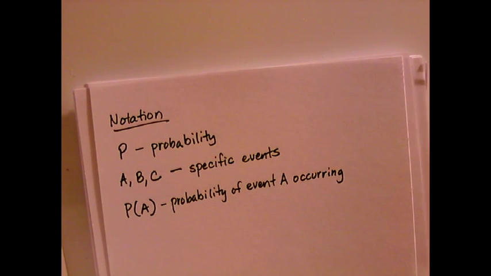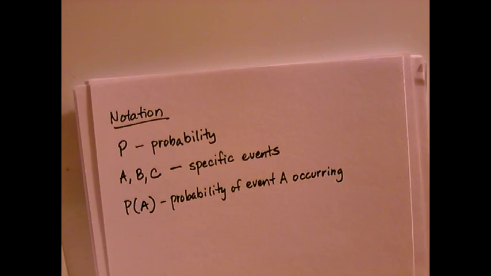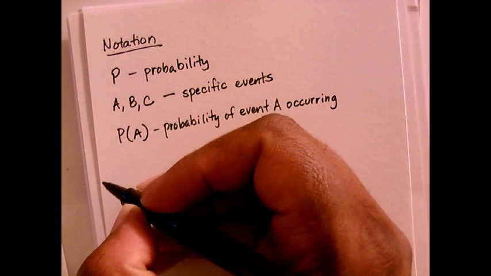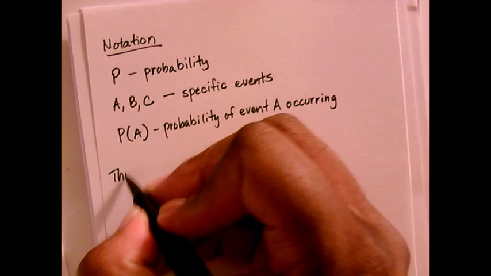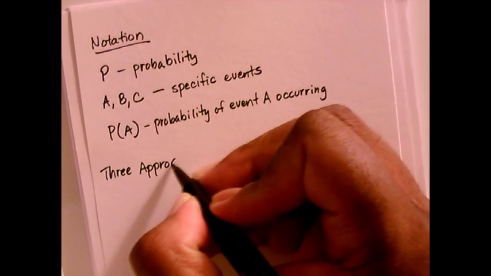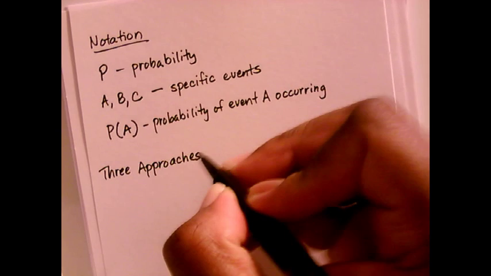Okay. Now next, we'll look at 3 different approaches to finding the probability. So here we have 3 approaches for finding the probability.